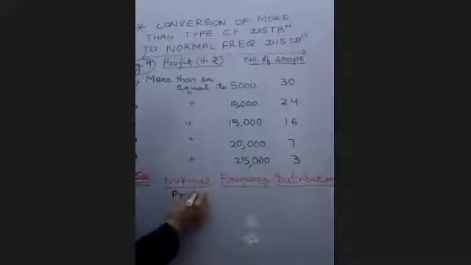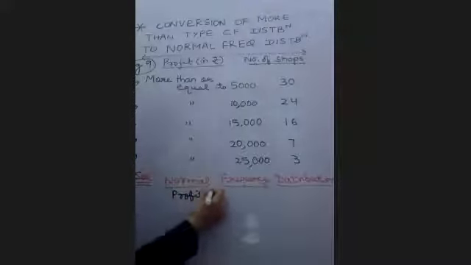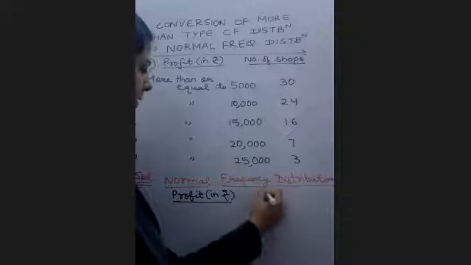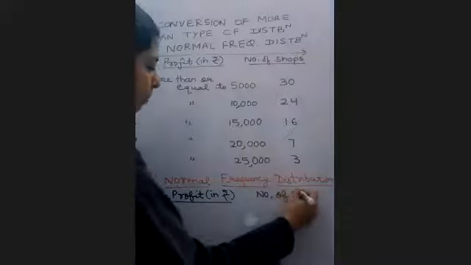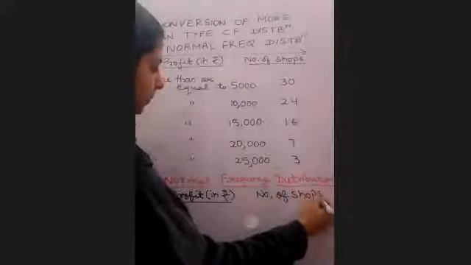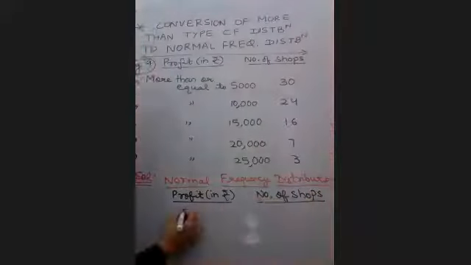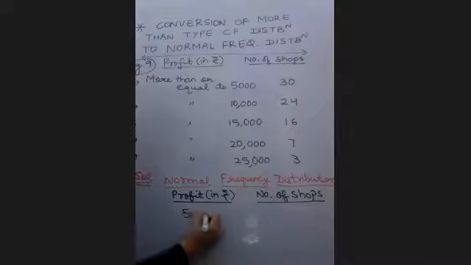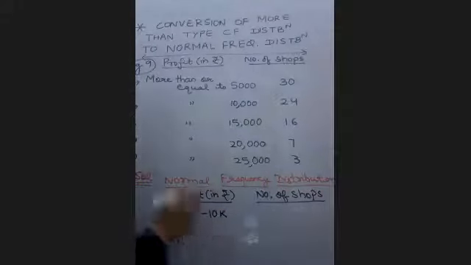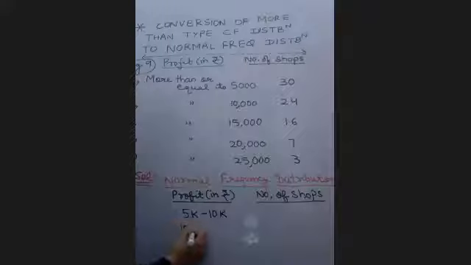Profit in rupees, and this is number of shops. What does this K mean here? 1,000. So next would be 10,000 to 15,000.